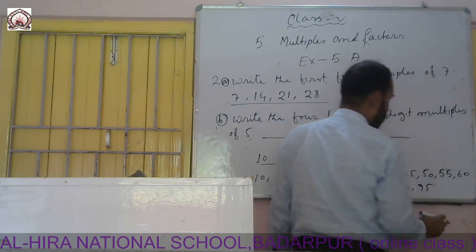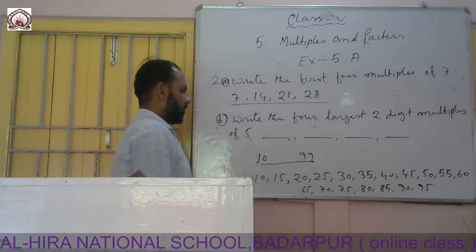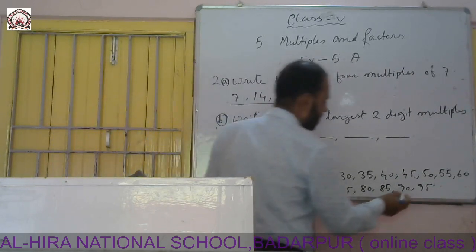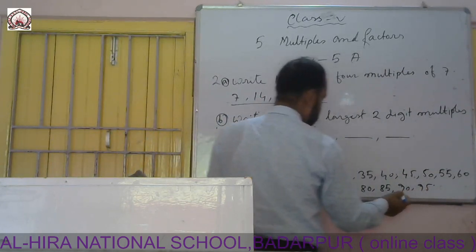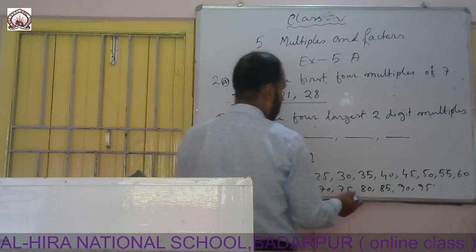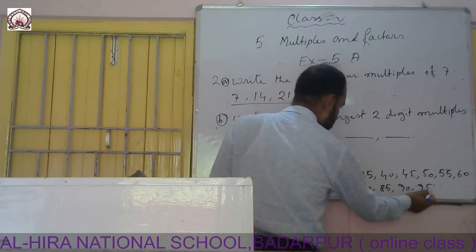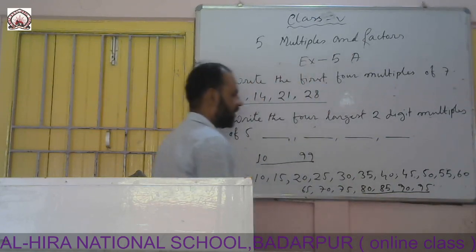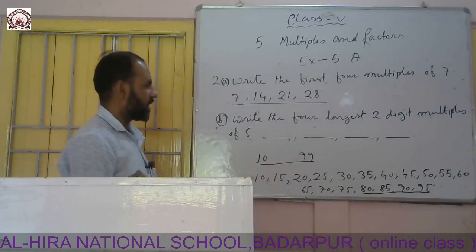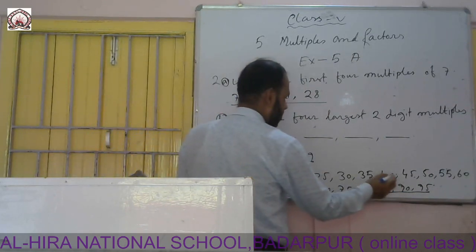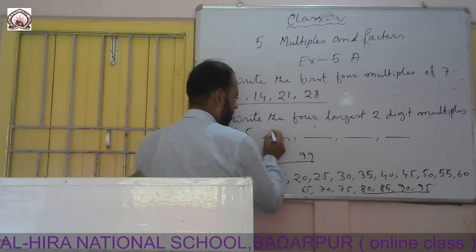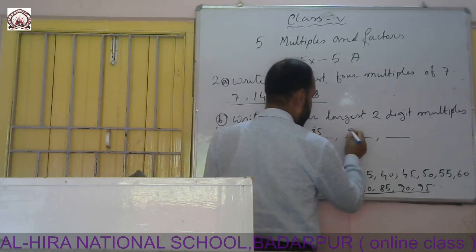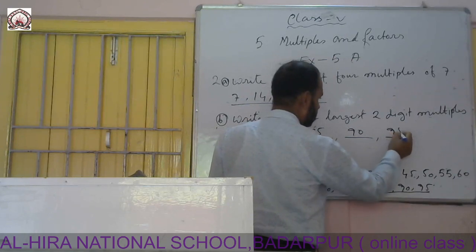Next is 100, but 100 is not a 2-digit number, it is 3-digit. We take the 4 largest 2-digit multiples of 5, so we start from this side, and 80, 85, 90, 95 are the 4 largest 2-digit multiples of 5.